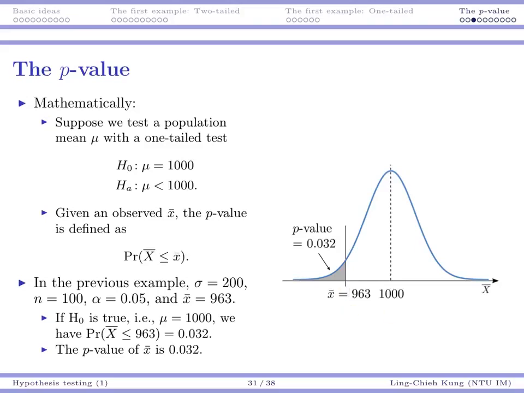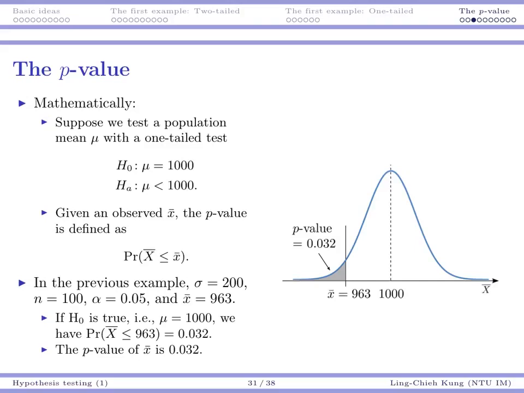This is less than 1000. This is at the left tail because we are talking about the probability of being more extreme than our observed x bar. Then for a left-tailed test, that means the left tail probability with respect to our x bar. So we are calculating this.